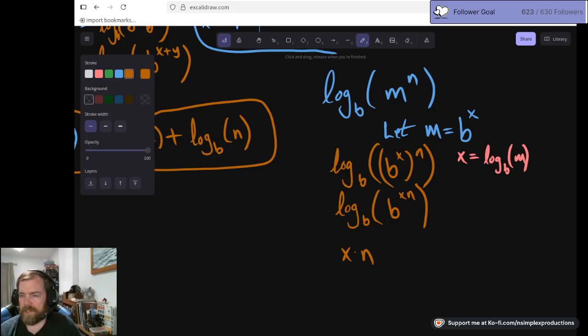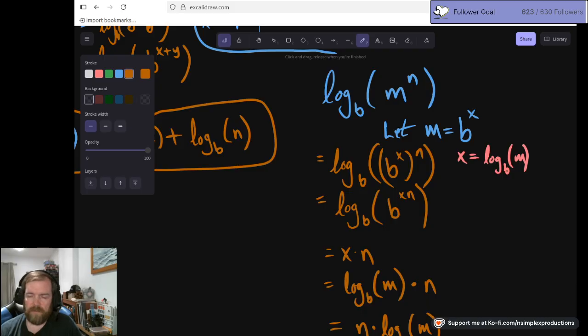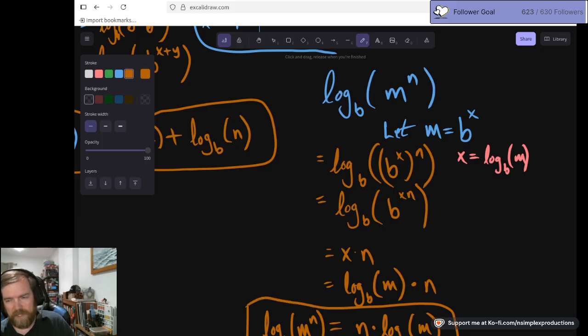So now we can replace x with log base b of m multiplied by n on the outside. So making it look a little bit nicer, normally we flip this around. So it's n times log base b of m. That way you're not possibly confusing, is n on the inside with m or is it not? It's on the outside. So log base b of m raised to the n is going to be equal to n times log base b of m.